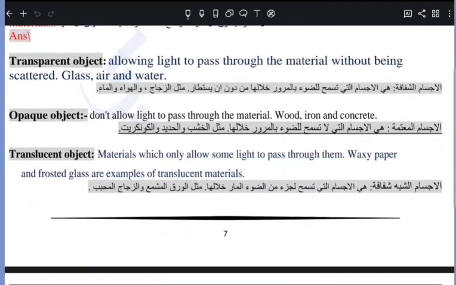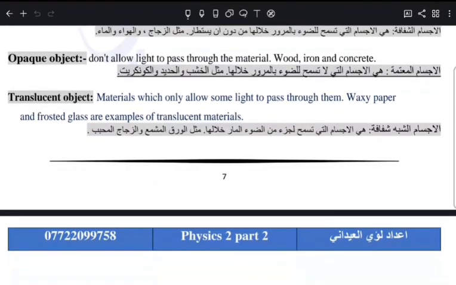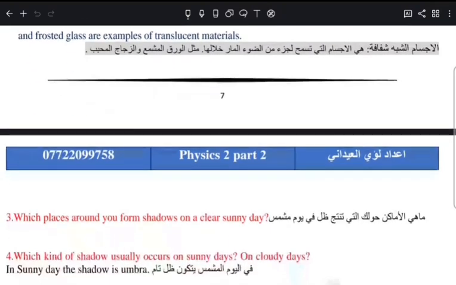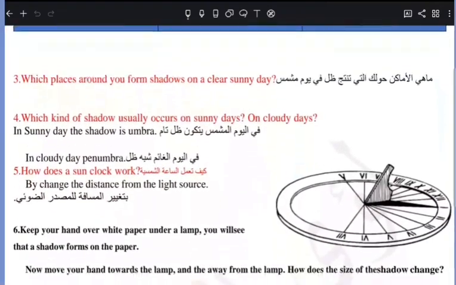Opaque objects don't allow light to pass through the material, such as iron, wood, and concrete. Translucent objects are materials which only allow some light to pass through them. Waxy paper and frosted glass are examples of translucent materials. Excellent.